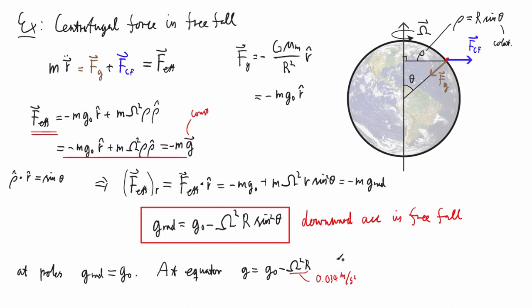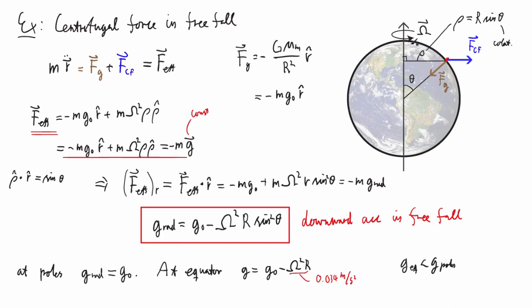In fact, the reason why g at the equator is less than g at the poles is due to two reasons. One of them is this, that the centrifugal force at the equator is at its maximum value, and at the poles it's 0.